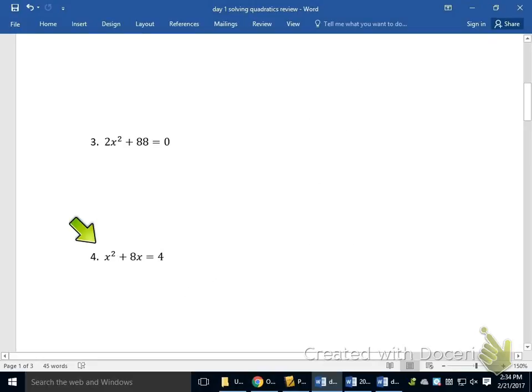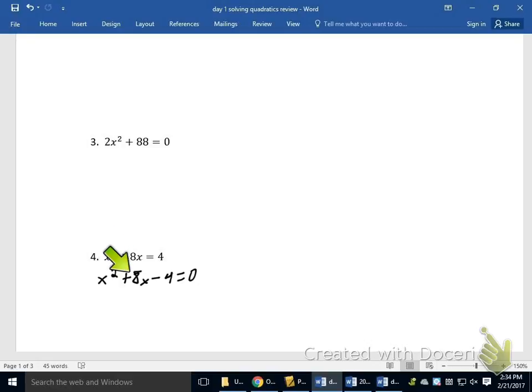Alright, for number 4, this one is not factorable. If I get it into standard form, x squared plus 8x minus 4 equals 0. I can't factor this one, nor can I do the square root method due to it having this 8x. I'm going to have to use either completing the square or the quadratic formula. For this one, I'm going to use completing the square.